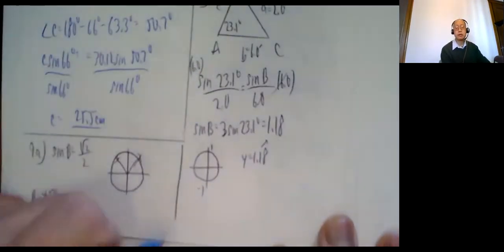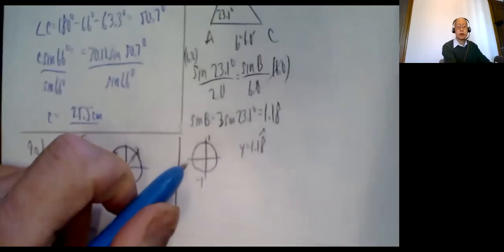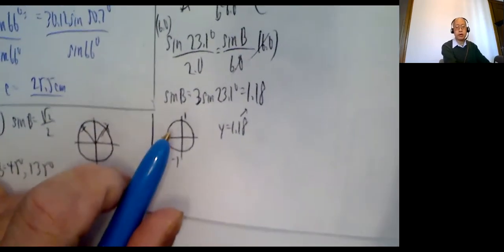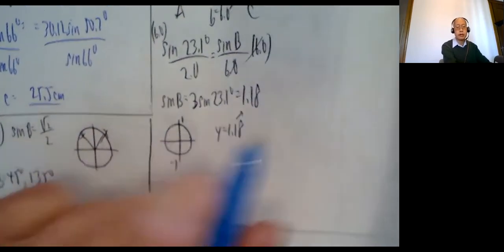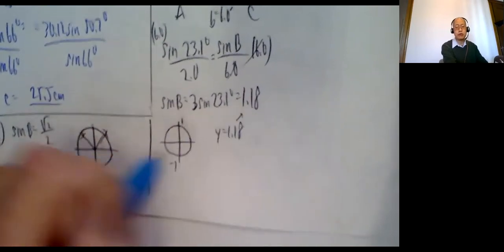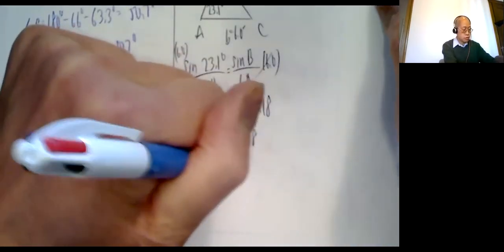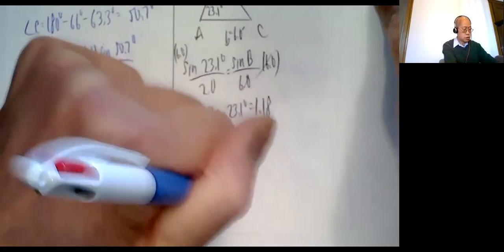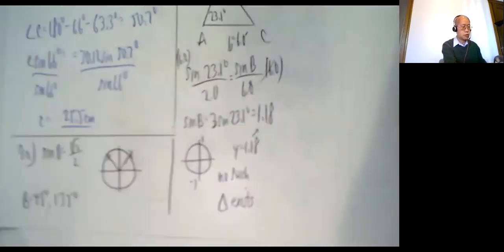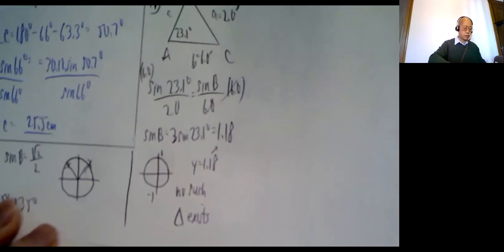Well, that's impossible, because the y coordinate on a unit circle has to be between -1 and 1. You can't have the sine of an angle being 1.18. So no such triangle exists. Impossible.